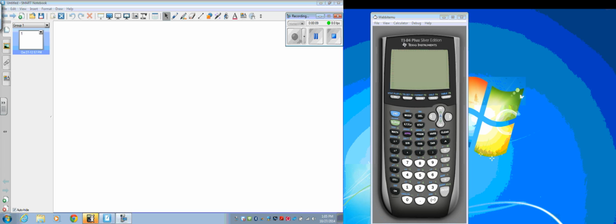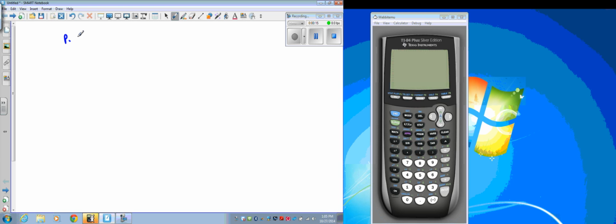All right, on page 166, number 23. If you notice that, that's a phase shift.